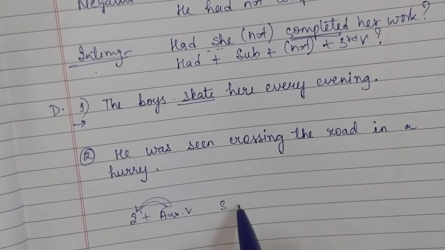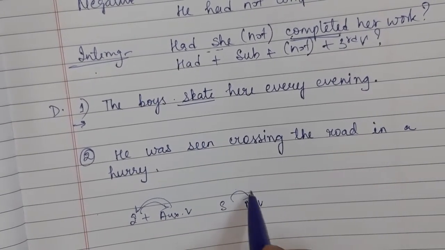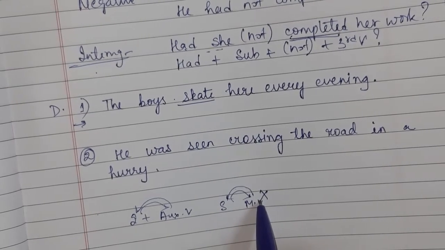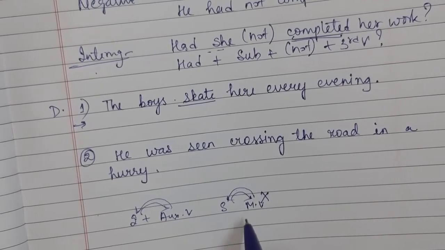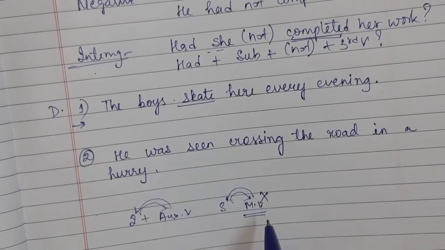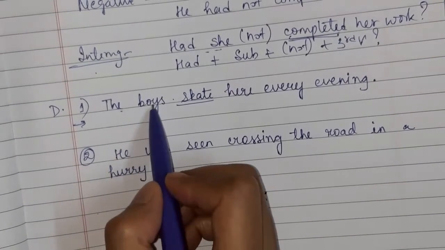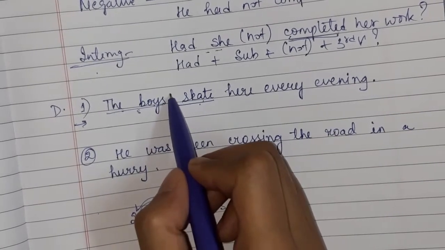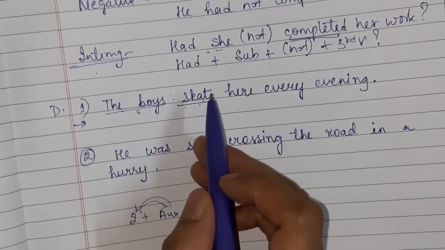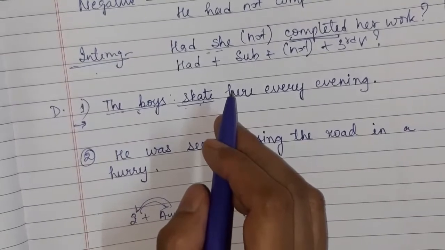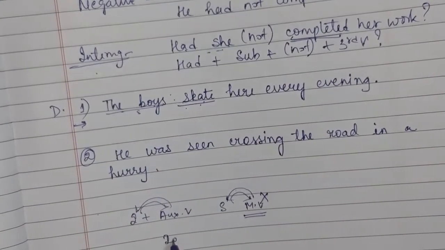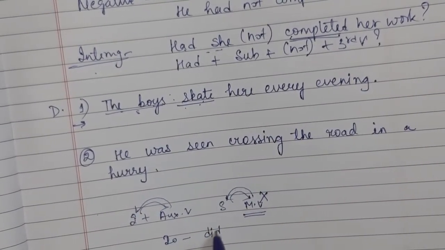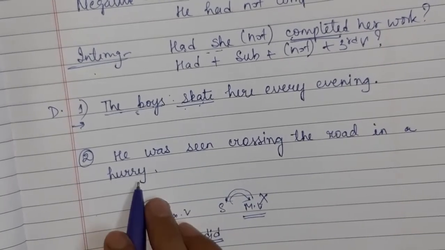But the subject never exchanges places with the main verb to make a question, because a main verb cannot make a question. Here the boys is the subject and skate is a main verb. There is no auxiliary verb. It means it is written in simple past tense. When it is written in simple past tense, it will take the help of do, so did will help to make the question.